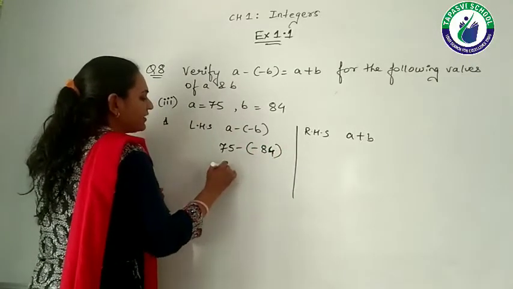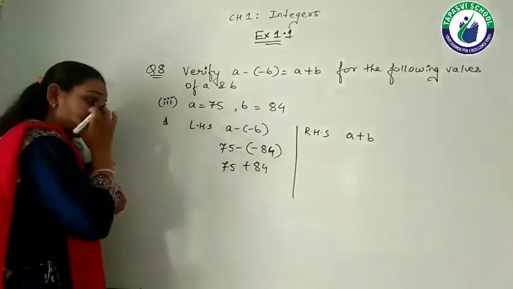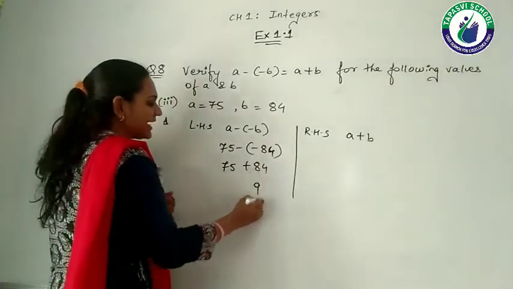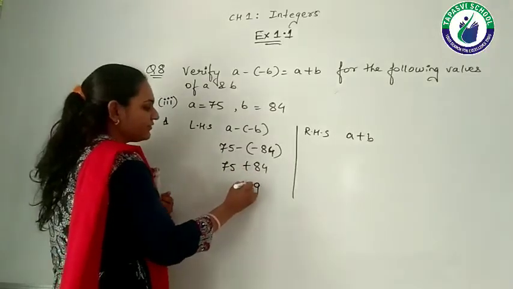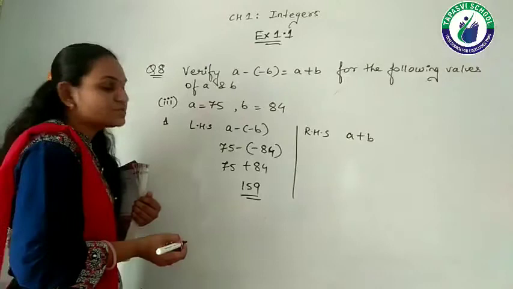So now minus becomes plus. So 75 plus 84. So 5 plus 4 is 9 and 7 plus 8 is 15. So I am getting the answer on the left hand side as 159.